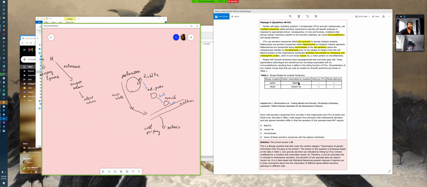Now, when the myosin VA is messed up, you don't have it attached to the microfilament, I guess.